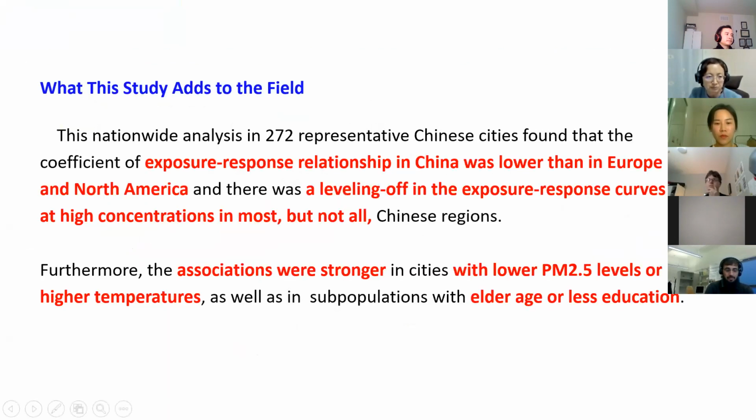Furthermore, we found the association is stronger in cities with lower PM 2.5 levels or higher temperatures. This is consistent with our previous studies and with studies from other regions and countries. Susceptible populations with older age or less education showed higher risks.